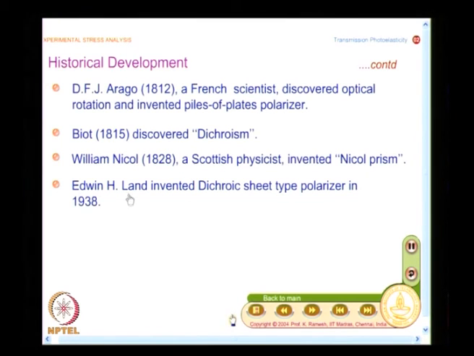And it was Land who invented the dichroic sheet type polarizer in 1938. See, dichroism was observed in 1815 and it became available as a commercial product for us to use in photoelasticity only in 1938.